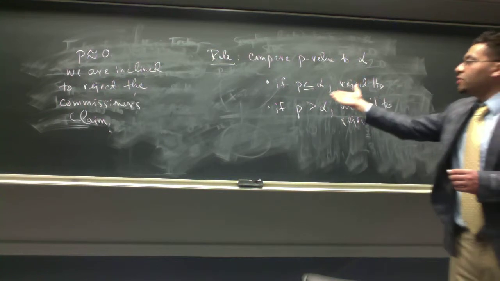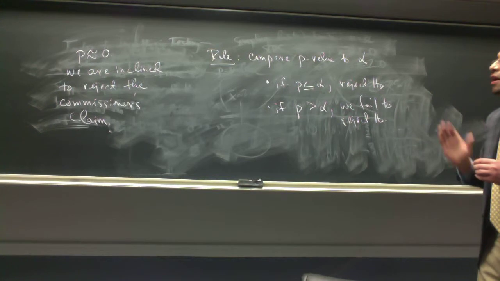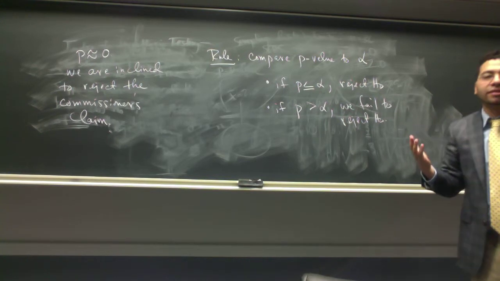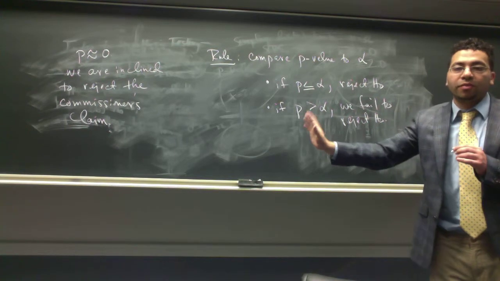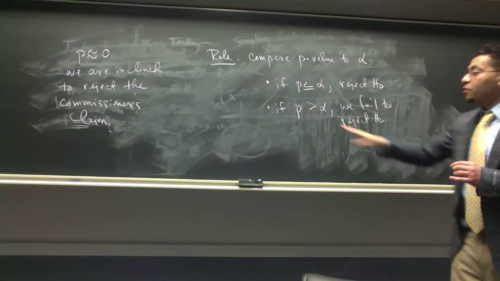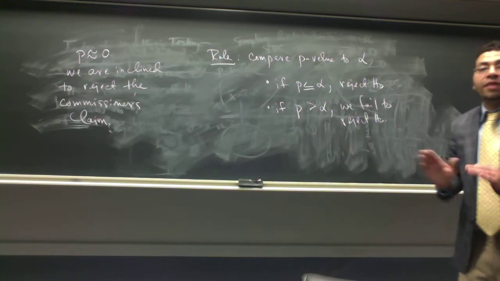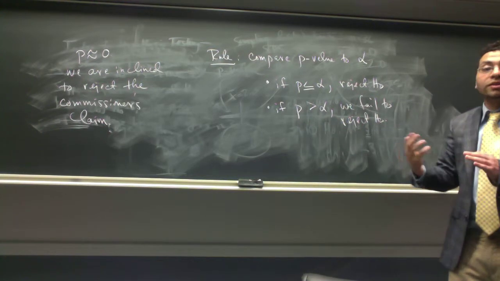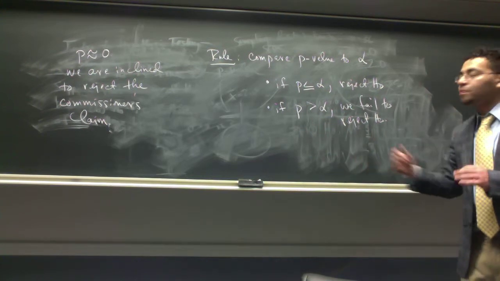If we obtain a very small p-value, in other words, p is less than or equal to alpha, a very small p-value indicates that our sample mean lies far away from the center or from the claim. If we obtain a large p-value, in other words, p is greater than alpha, that means that we have an x-bar, or a sample mean, that lies close to the center or close to the claim.